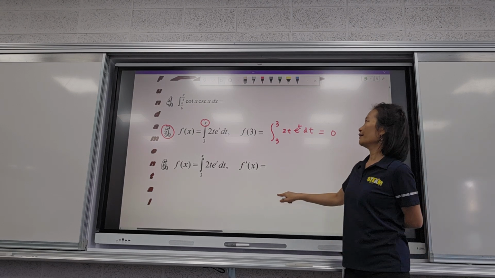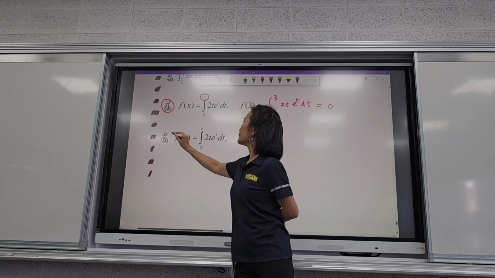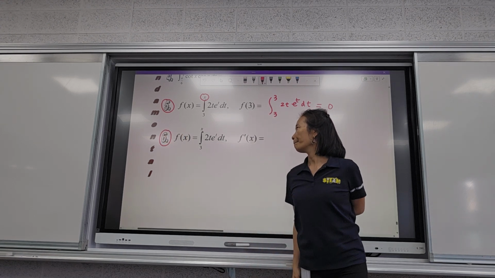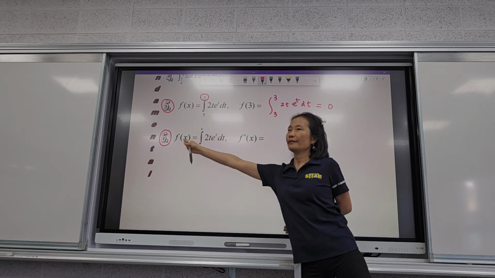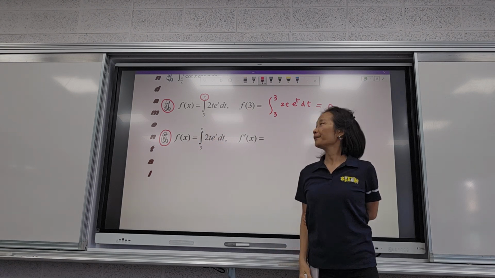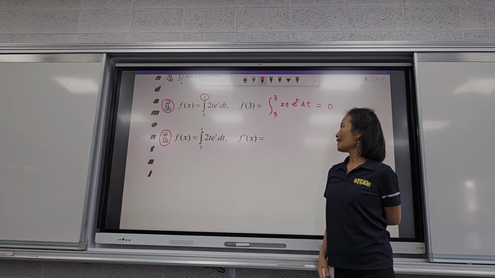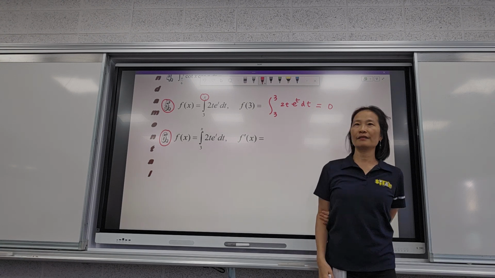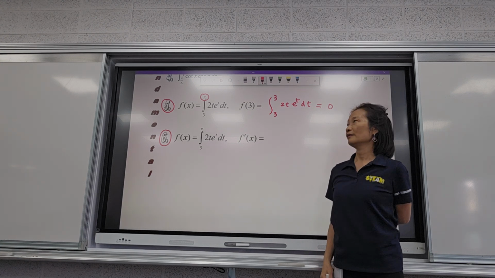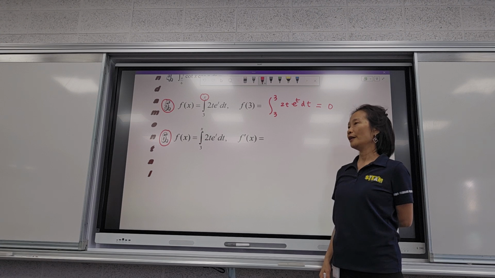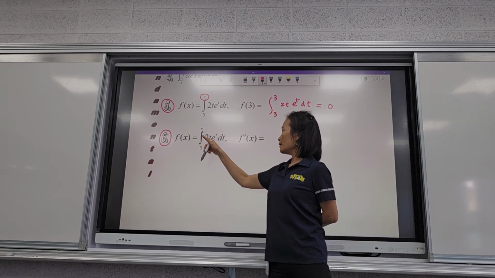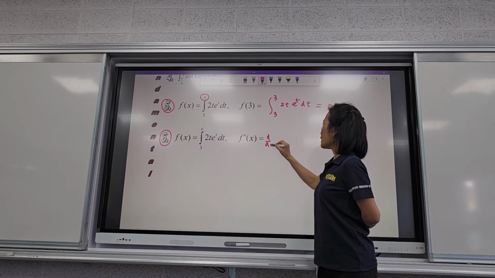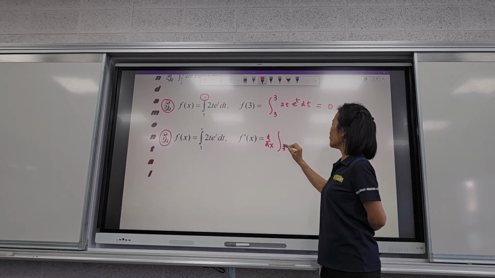Number 6. F is the integral from 3 to x. What is f prime of x? I need to differentiate. I need to say derivative of f is d/dx of the integral.